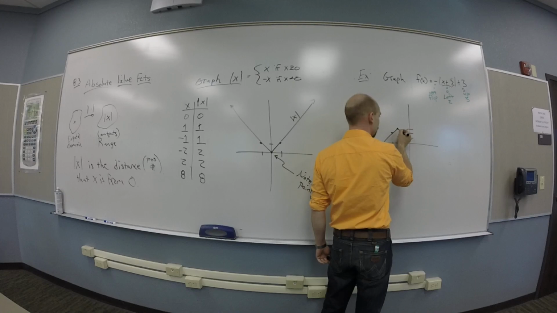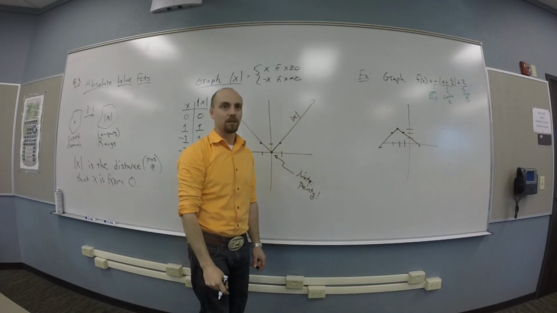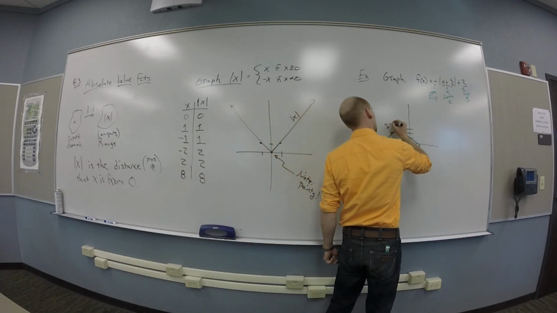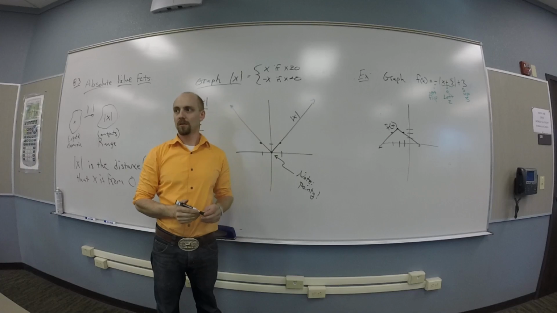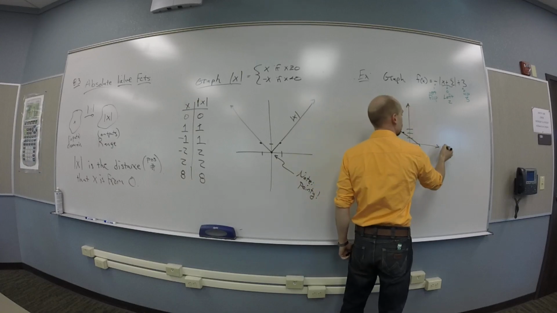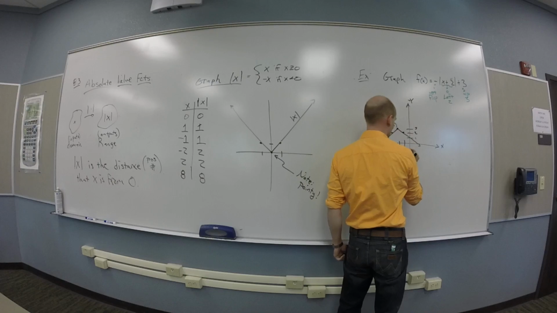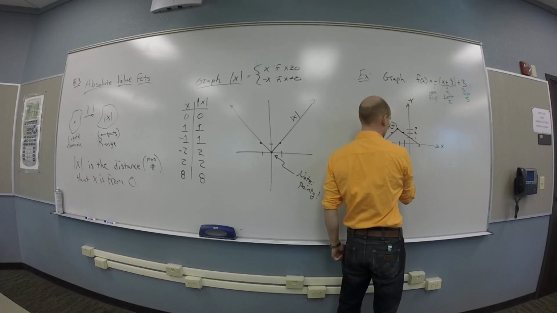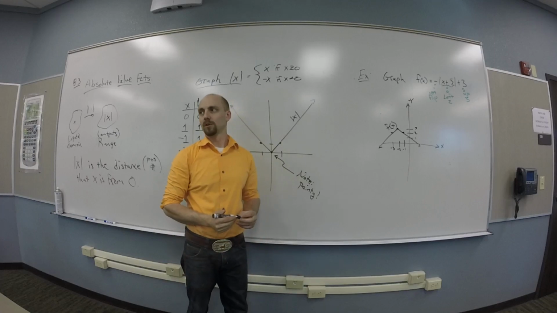And now there's my V shape. Yay. This is f. We can do a little better job labeling our picture. So if we were going to do a nice job, we'd do x's, y's, 1, 2, 3, negative 1, negative 2, negative 3. Cool.